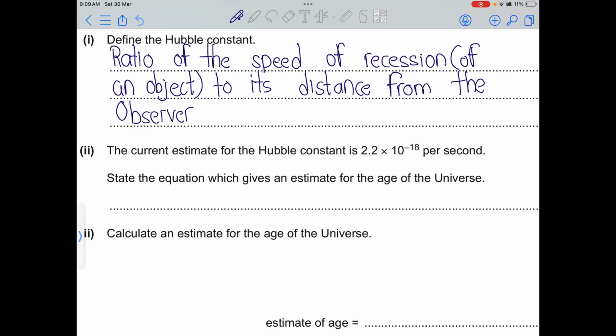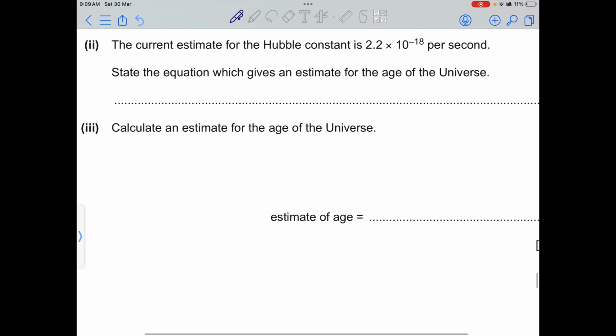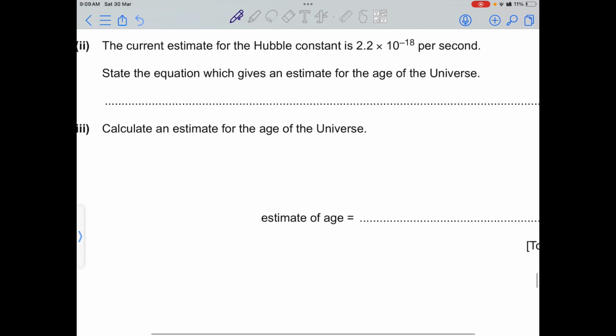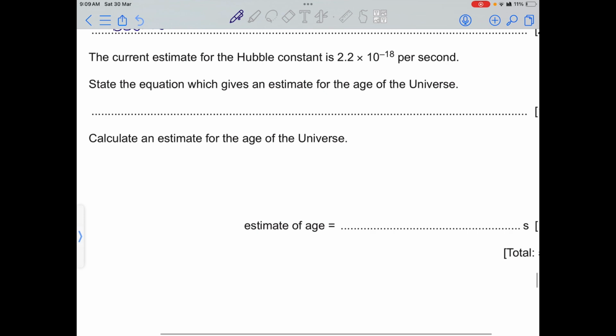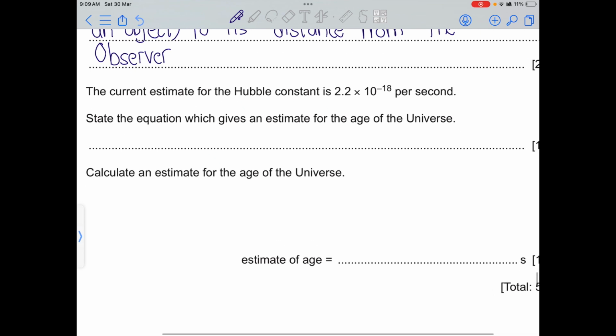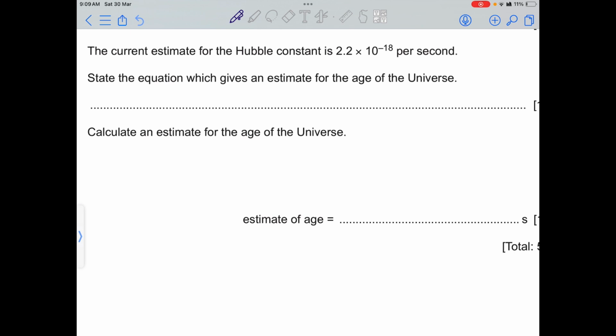Next, the current estimate for Hubble's constant is given. State the equation which gives an estimate for the age of the universe. Hubble's constant is just the speed of recession over the distance from the Earth, so this is a ratio. Always remember that speed v is equal to distance divided by time.